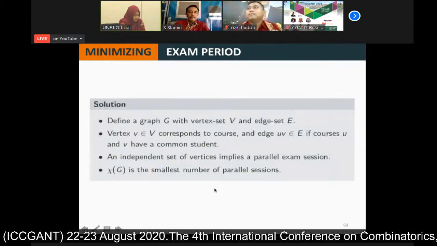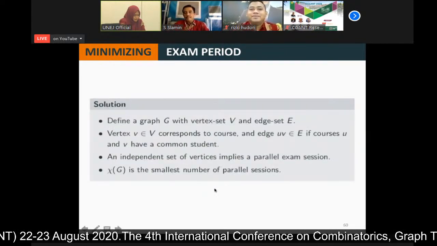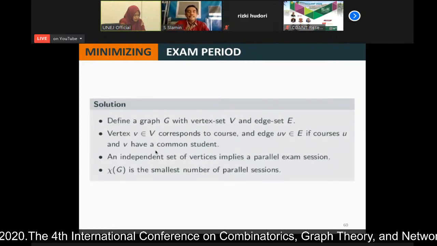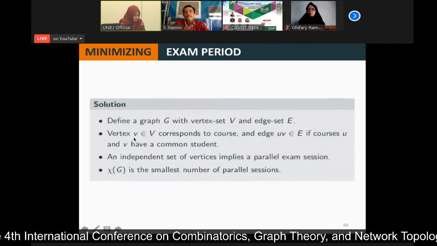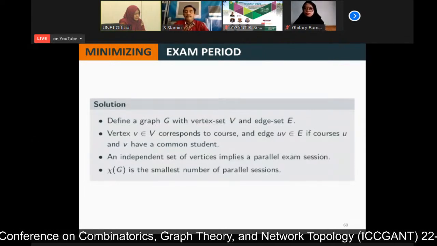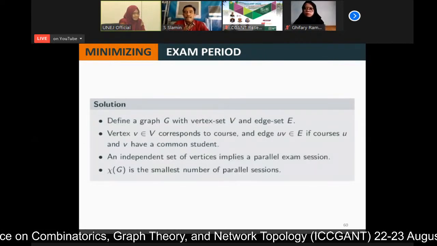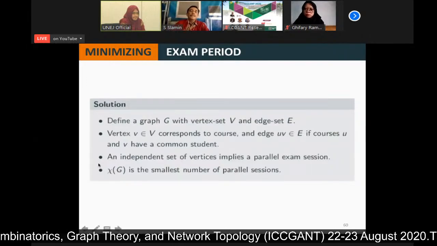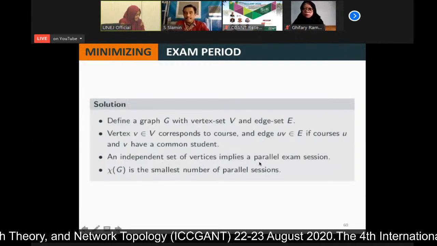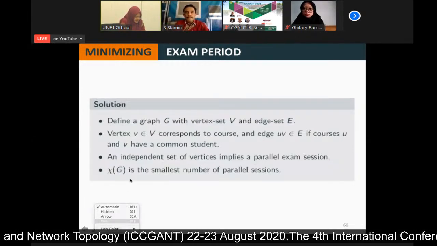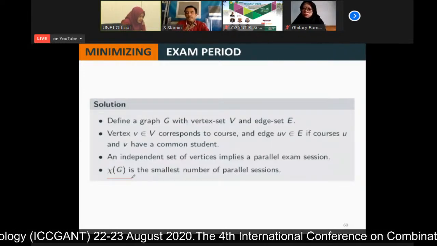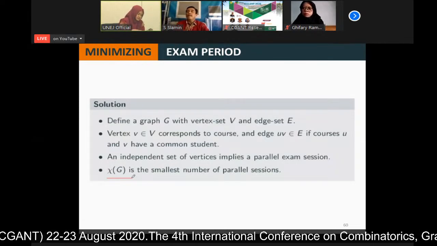First, we define a graph with vertex set V and edge set E. Vertex V corresponds to a course, and there is an edge UV if courses U and V have a common student. So an independent set of vertices implies a parallel exam session. It means that the chromatic number of G is actually the smallest number of parallel sessions.